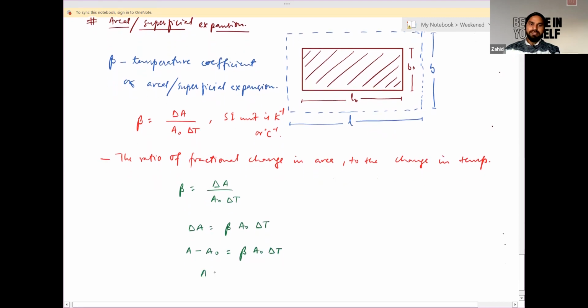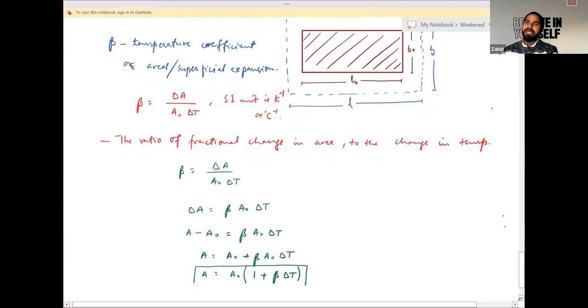So A equals A naught plus beta A naught delta T. A naught is common, so you're left with A equals A naught times (1 plus beta delta T). This will be your final expression to calculate the area of this sheet at any temperature T. So beta simply defines at what rate the area is expanding on changing the temperature of this system.